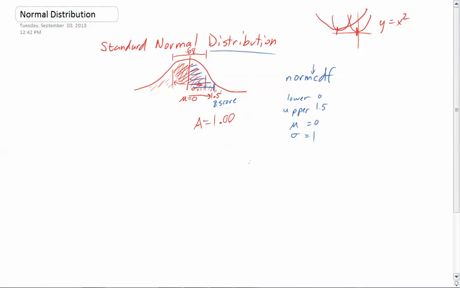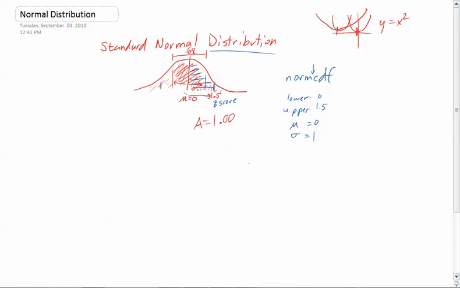So we're starting to get an idea of what this stuff really means. The z-score is just how many standard deviations you are away from the middle. Now, if I wanted this to be within 1.5 standard deviations, I'd need to go the other direction as well to bound it by 1.5 on both sides.